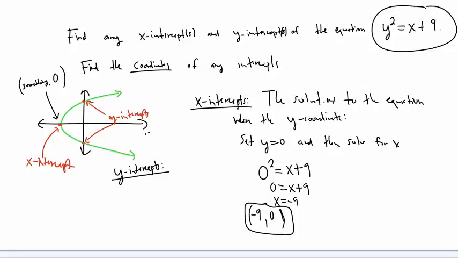How about y-intercepts? The procedure to find x-intercepts was this over here. Is there a similar one for y-intercepts? Let's take a look at the picture. The y-intercepts here are of the form 0, comma, some number.